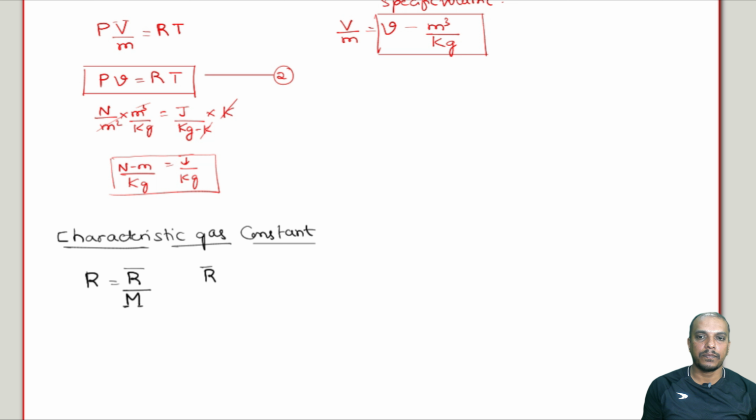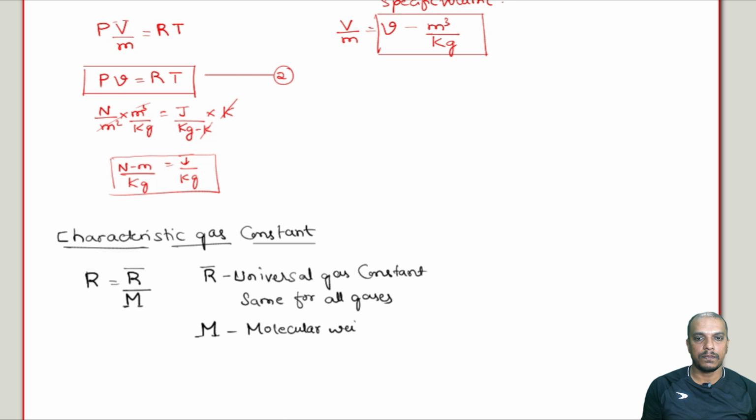R bar is the universal gas constant. Same for all gases. Molecular weight is M. Now, the unit of R bar is joule per kg mole Kelvin, whereas the unit of molecular weight is kg per kg mole.